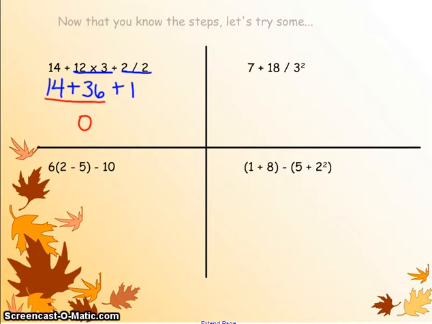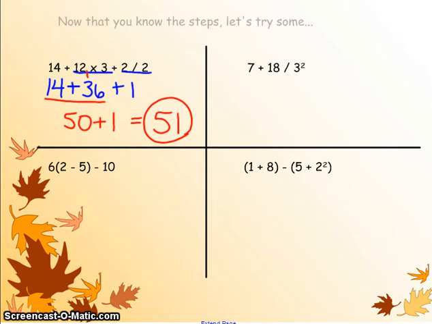I'm going to carry the 1. 3 plus 1 plus another 1 is going to give me a 5. So 14 plus 36 gives me 50. Now I'm going to consider the rest of the problem that hasn't been used, which is the plus 1, to get our final answer of 51 for the first example.